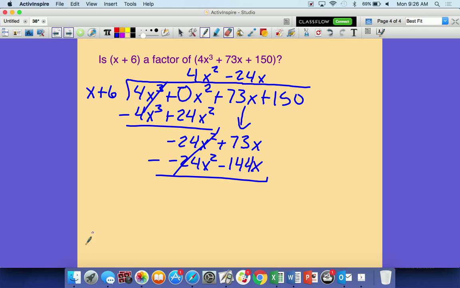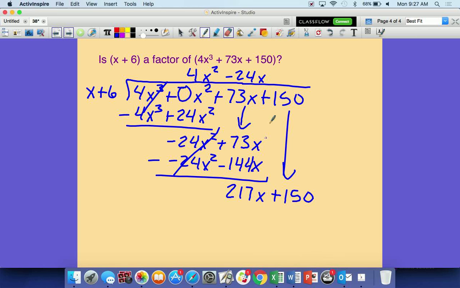Then we subtract these, those go away. We subtract these and we get, what is that? 73 plus, that would be 217x. We drop the 150, and then we do it again.